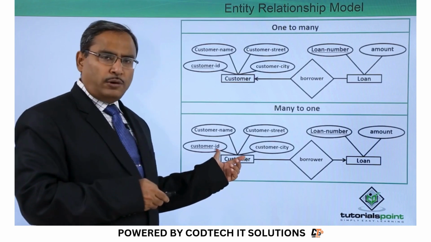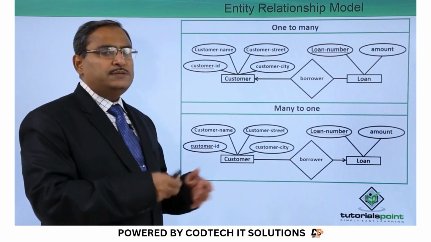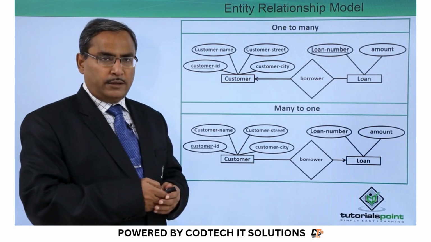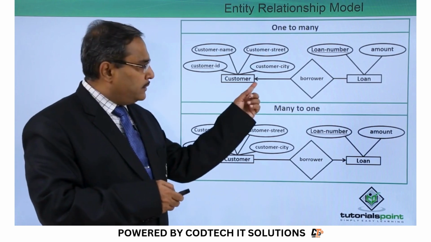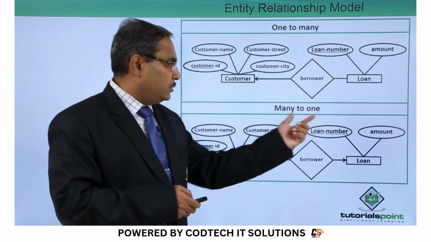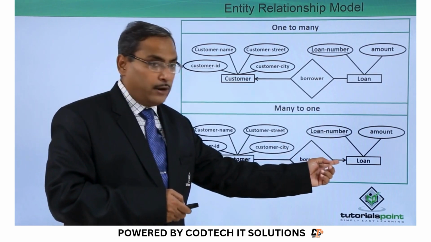Now let us go through some examples to explain how these mapping cardinalities work. Here we have one to many. Whenever we have one, there will be an arrow. Whenever we have many, there will be no arrow. Consider many to one: many has no arrow, but one has an arrow.